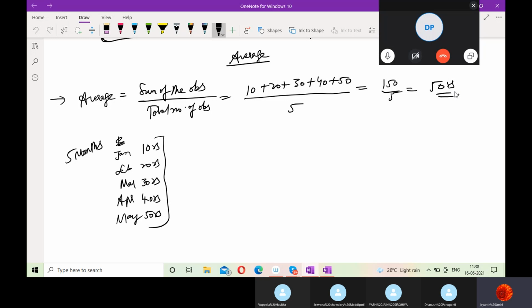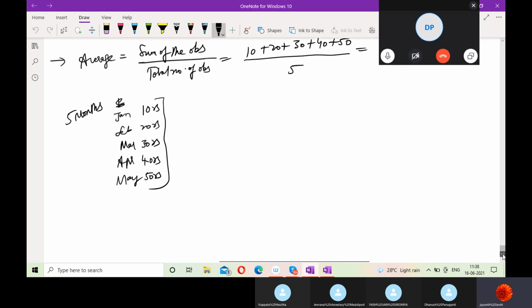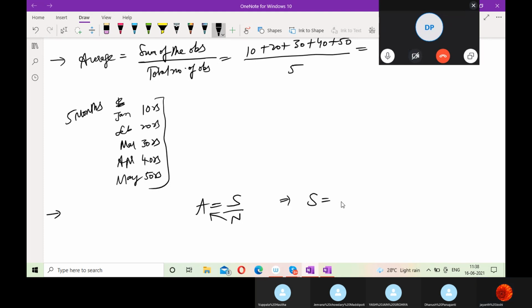Now, point number 2, please focus on the formulas which I have given to you. If average is equal to sum divided by number of observations, then sum is equal to average into number of observations.